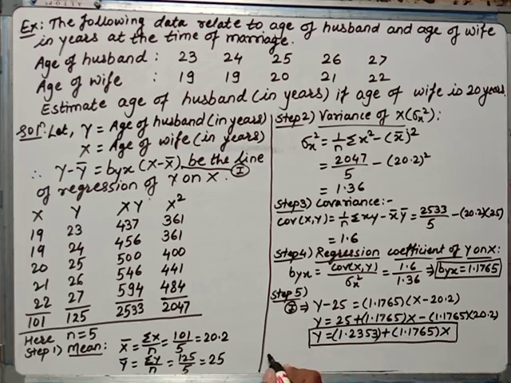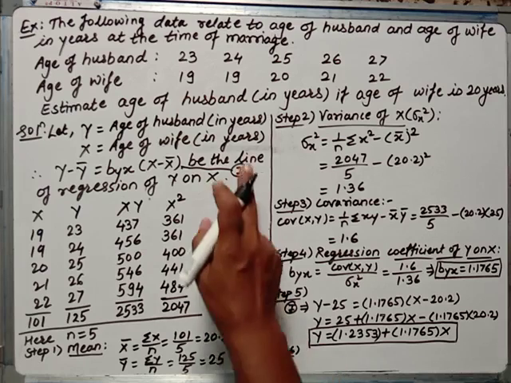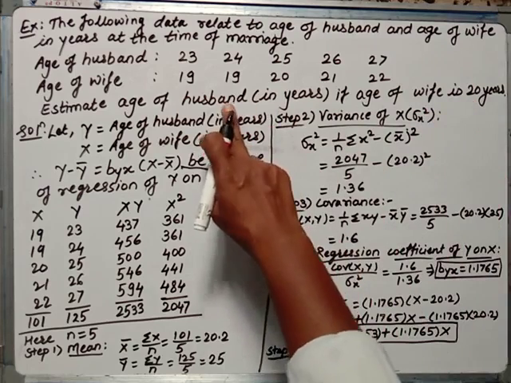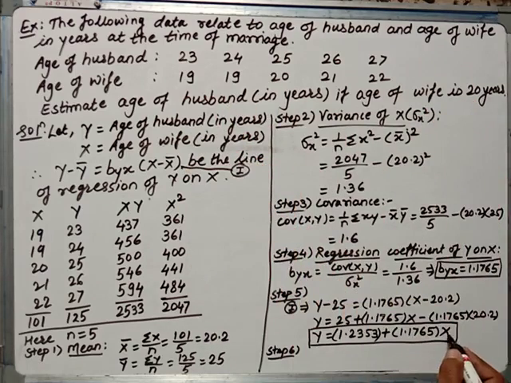Now step 6 says: when the age of the wife is 20, what is the age of the husband? So put x equal to 20 here and simplify.